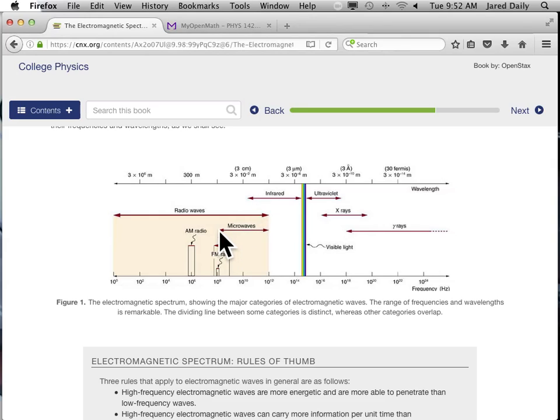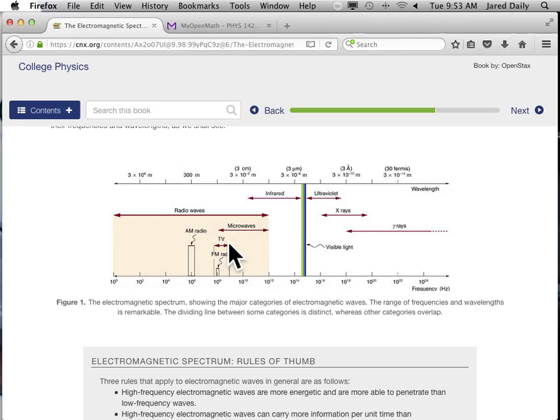So microwaves are used, of course, we usually think of them as microwave ovens, but microwaves are also used for communication quite a bit. Most of your handheld radios, all your cell phones, Wi-Fi, those things are all in this microwave range.